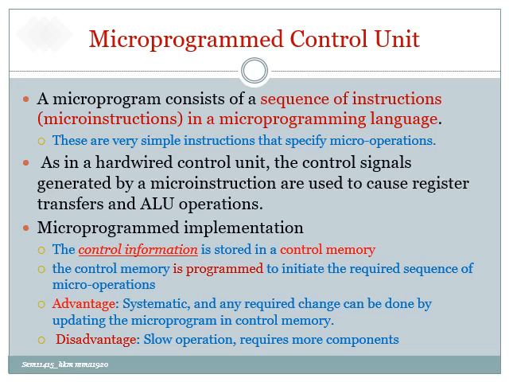We call it micro instruction, and they are programmed in a microprogramming language. So it is a very simple instruction that specifies a micro operation. As in a hardwired control unit, the control signals generated by a micro instruction are used to cause register transfer and ALU operations.